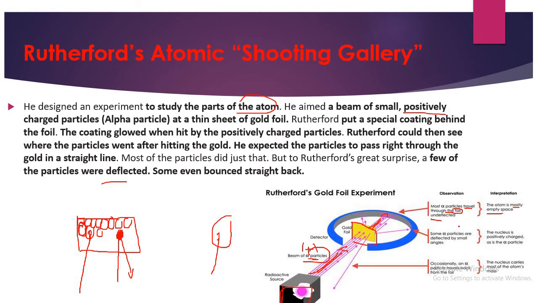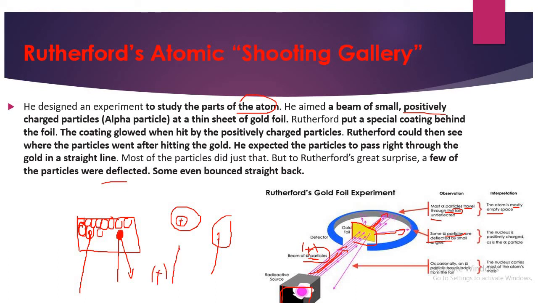But he was surprised. He saw that some alpha particles were deflected like this, by a small angle. This means that inside the atom, there is a nucleus containing positive charge. The alpha particle is made of positive charge, right?